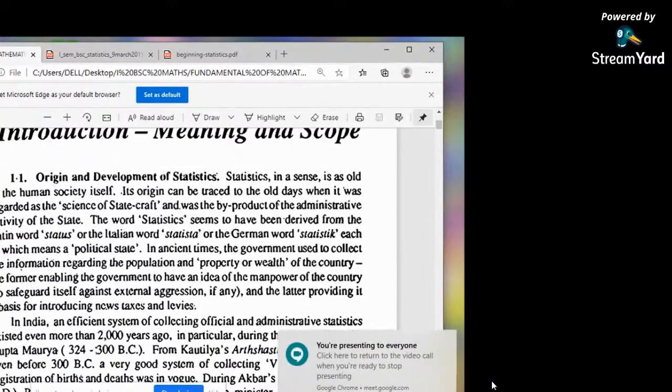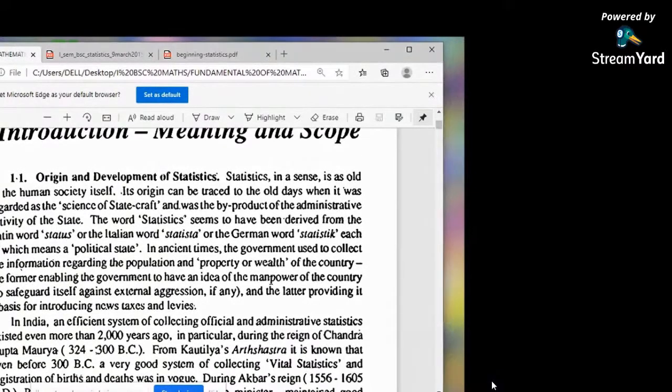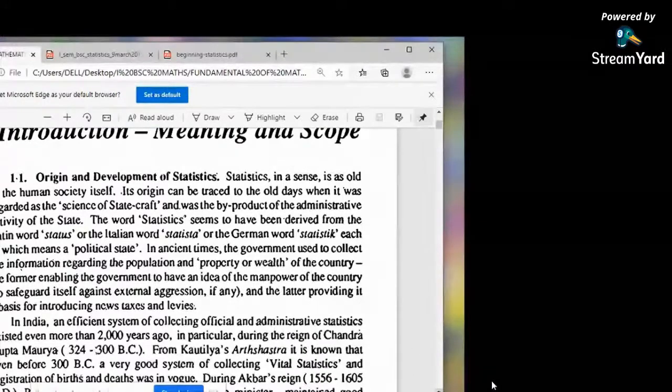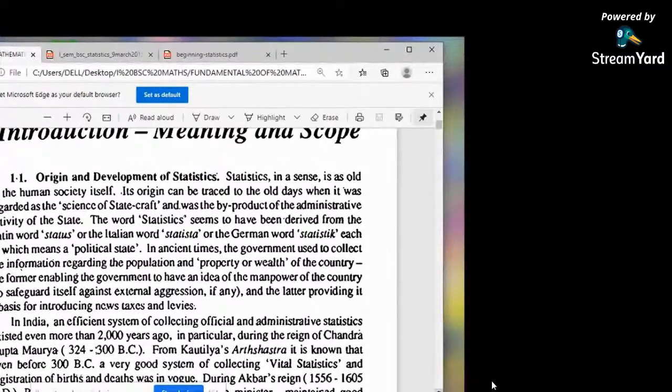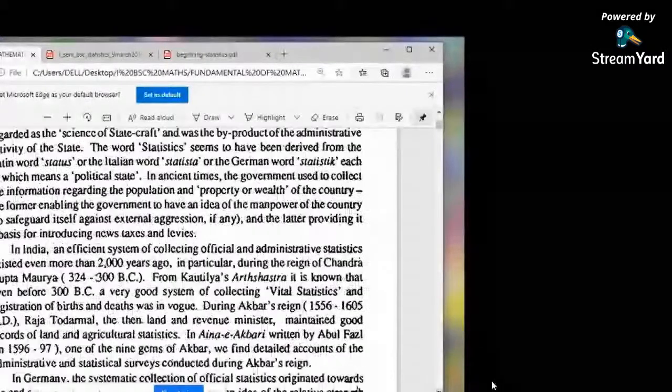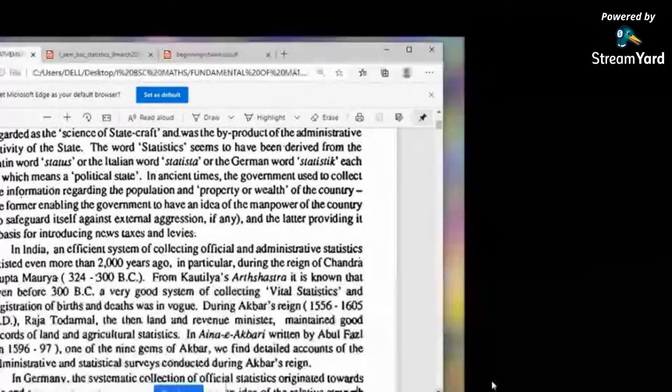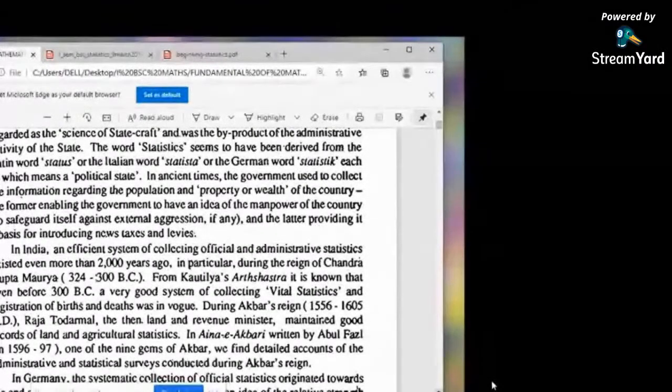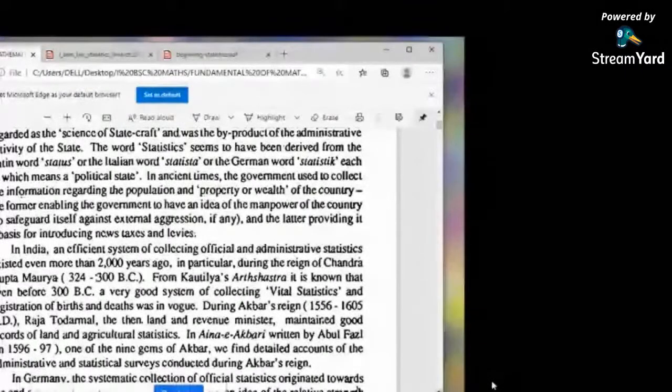What about the Indian system? I told you the system started in BC 1500. In India, how did the system start? The official collection of data, administrative statistics, started in BC 324, before Christ.